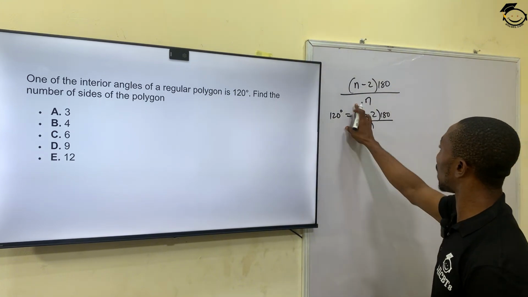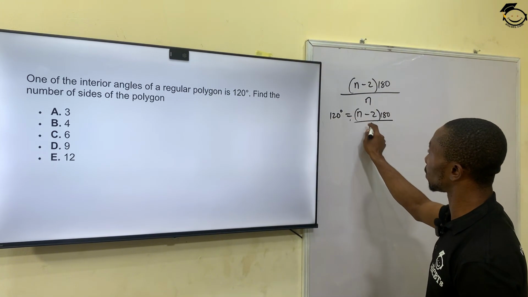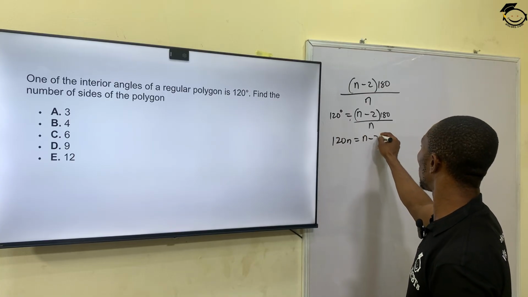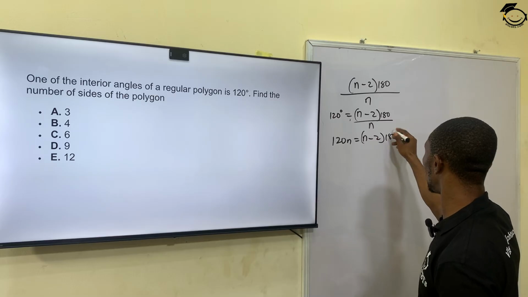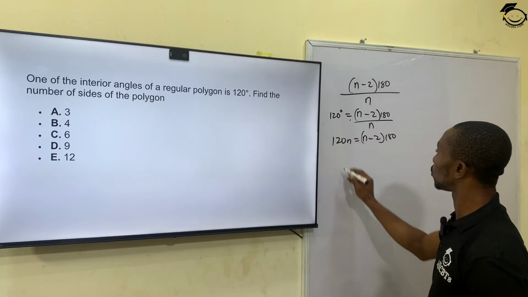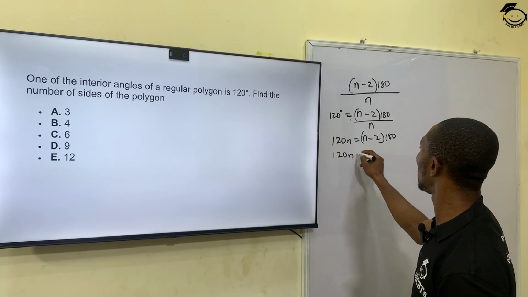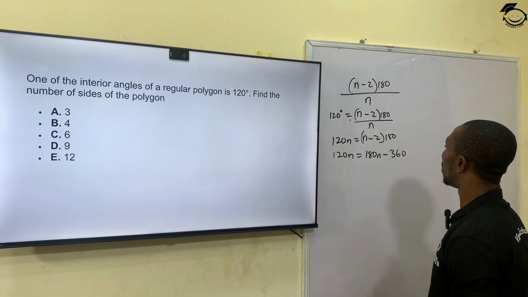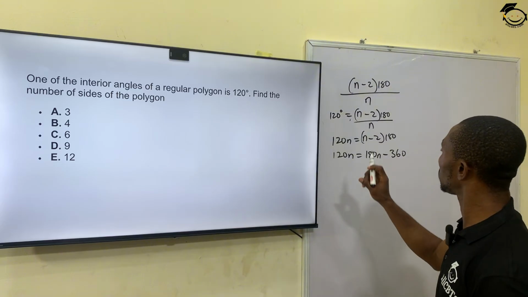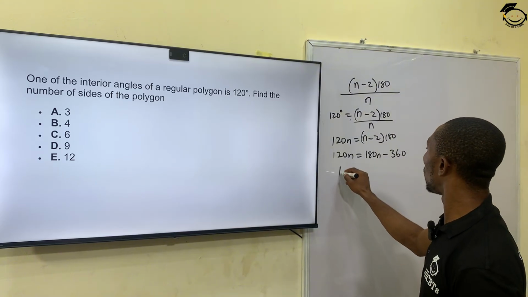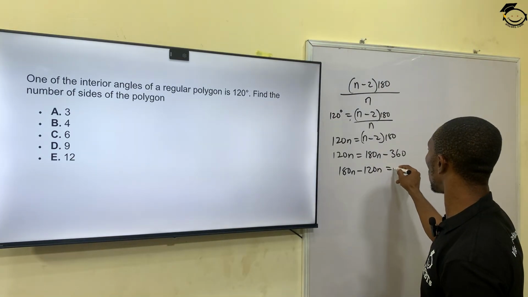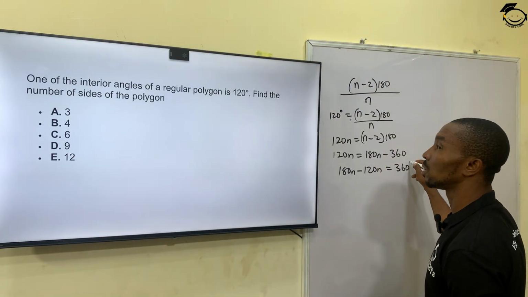So for us to find n, we can cross multiply. This gives us 120n equals (n minus 2)180. Opening up this bracket, we have 120n equals 180n minus 360. Now, collecting like terms, we have 180n minus 120n equals 360.